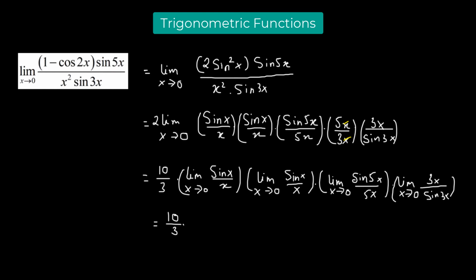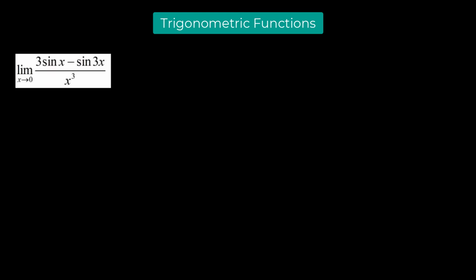Let us do another problem. Here we need to determine the limiting value of the given function when x approaches 0. We have a sine 3x in the numerator. We know the sine of 3x is given by 3 sine x minus 4 sine cube x. So we are going to substitute this value into our function.